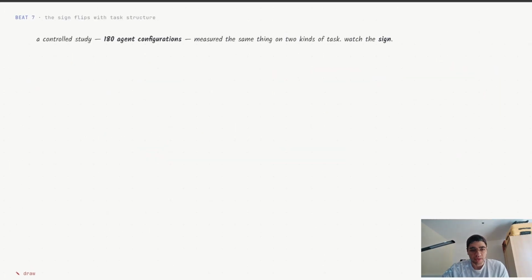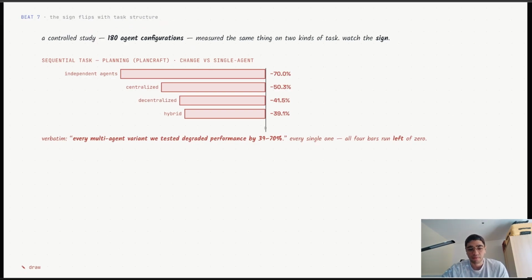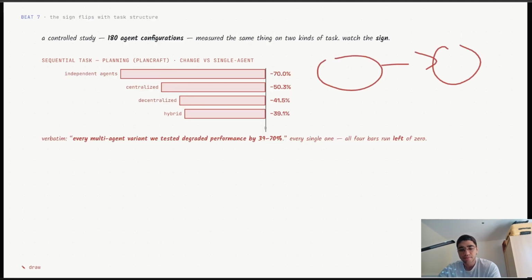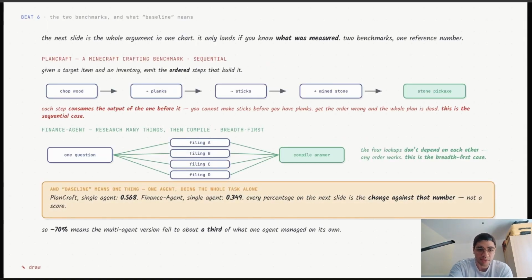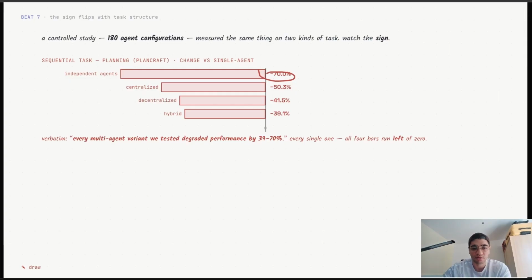So now let's look at this slide where we tested 180 different agent configurations, and this is what we got. First, on a sequential task for Minecraft, the one that I showed you already, one coming after the other. You have independent agents. So if we go with a committee, if we have independent agents, if you go back here, instead of making one agent do the whole of this, you make different agents doing this, we have a drop of 70% in performance.